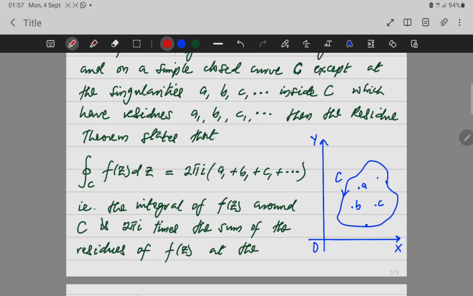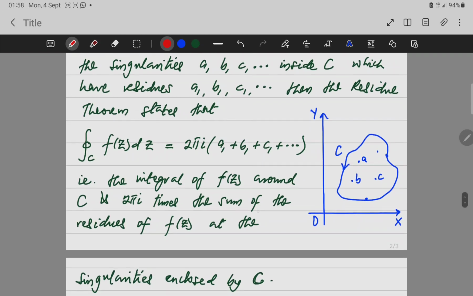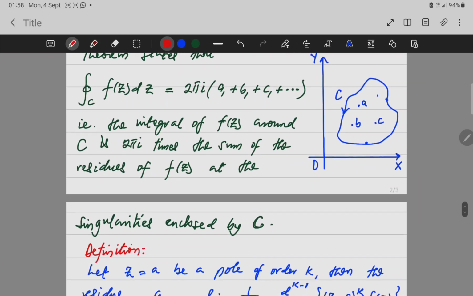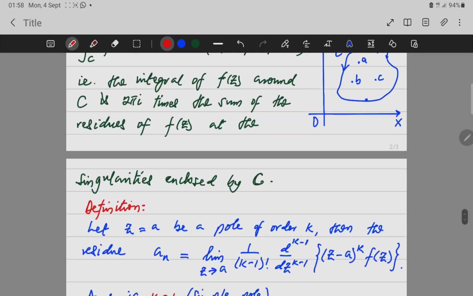Then the residue theorem says that the integral of f of z dz over the closed curve C is equal to 2 pi i times A1 plus B1 plus C1 and so on. That is, the integral of f of z around C is 2 pi i times the sum of the residues of f of z at the singularities enclosed by C.